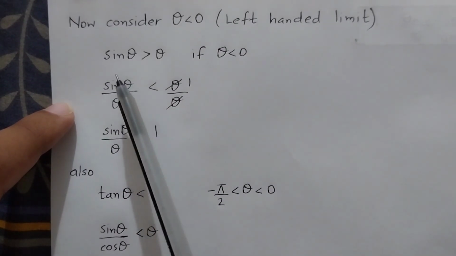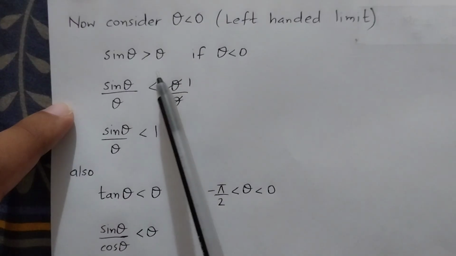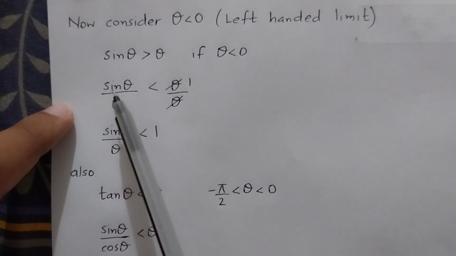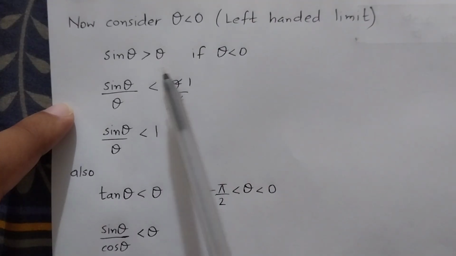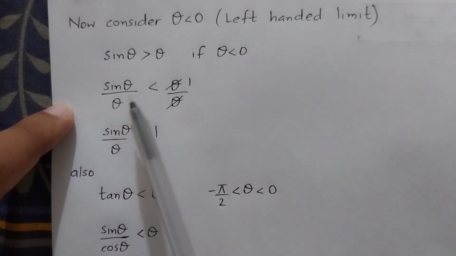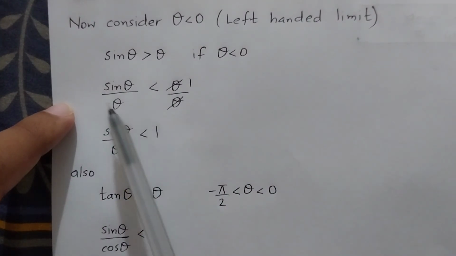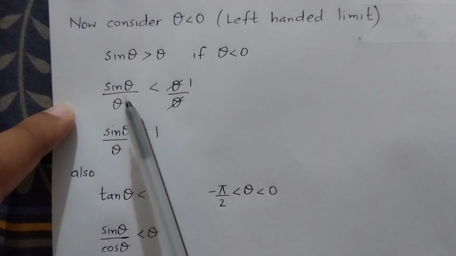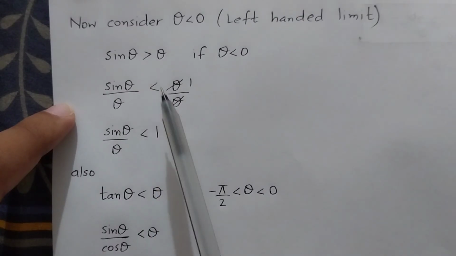So sine theta is greater than theta, and we are interested in sine theta over theta, so we are dividing by theta. So theta is a negative number, and when we divide both sides of an inequality by a negative number, the inequality gets changed.